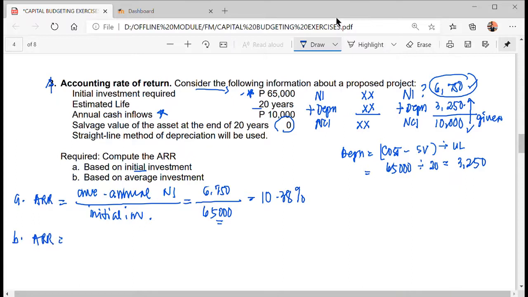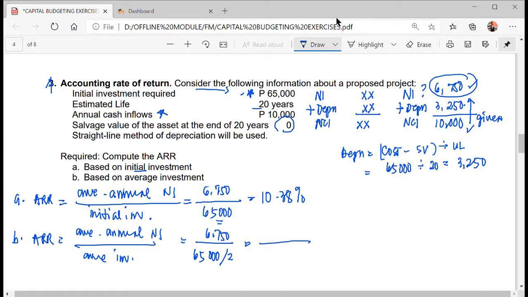So, again, if it is average, the denominator changes. So, you have average annual net income over average investment. So, just simply complete the formula. Here, divide by 2 because it is average. So, 65,000 divided by 2 is 32,500. And then 6,750. So 6,750 divided by 32,500.